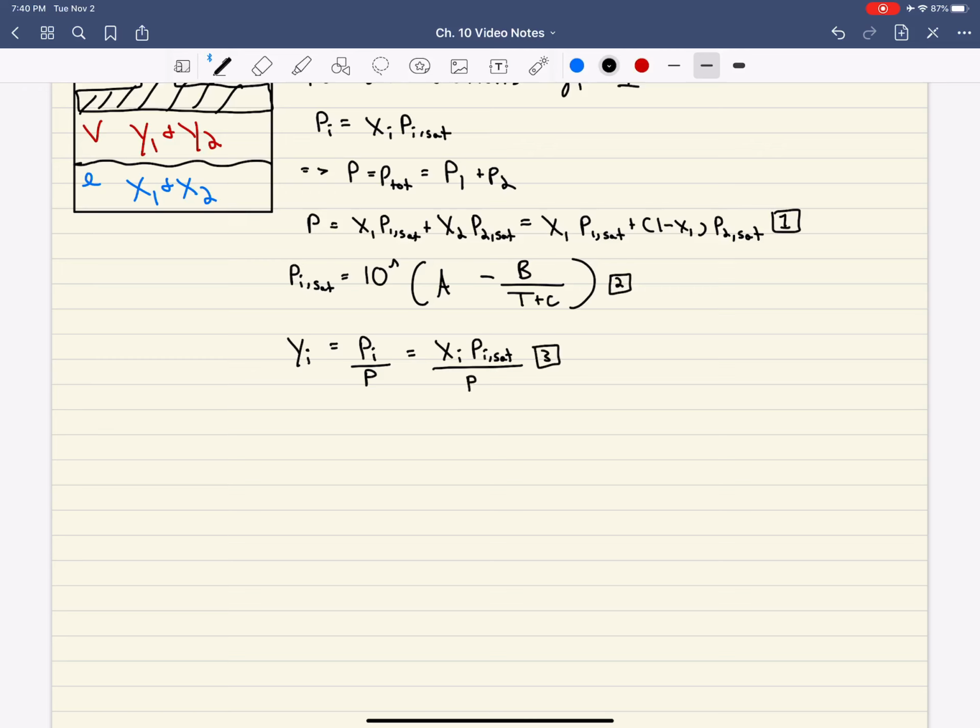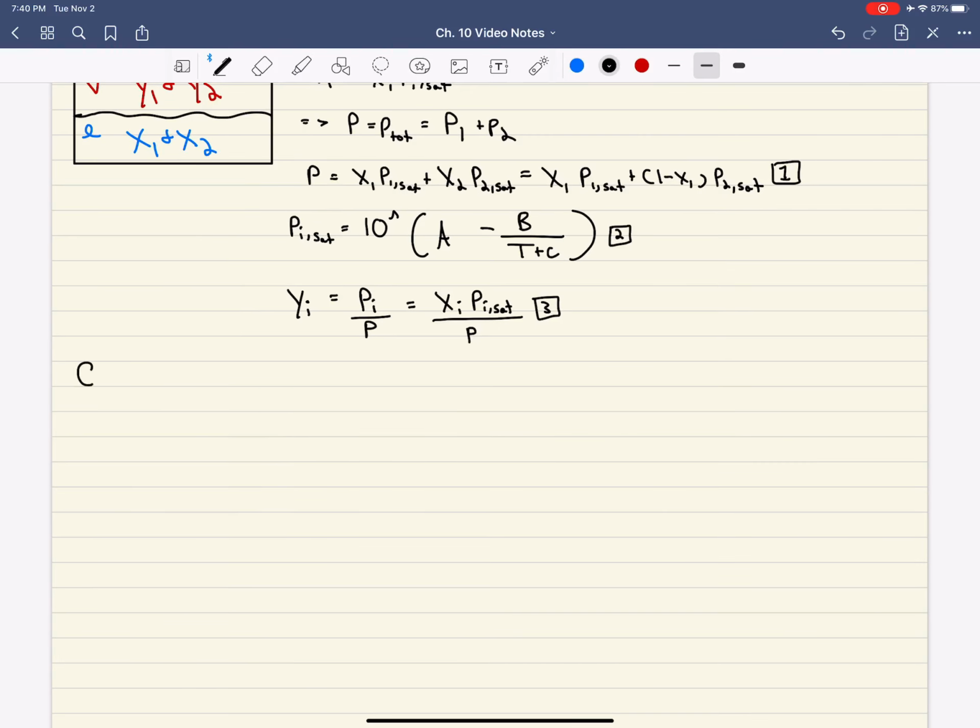And so just using these 3 equations, one can calculate both the liquid mole fraction and the vapor mole fraction of a species in the phase diagram.